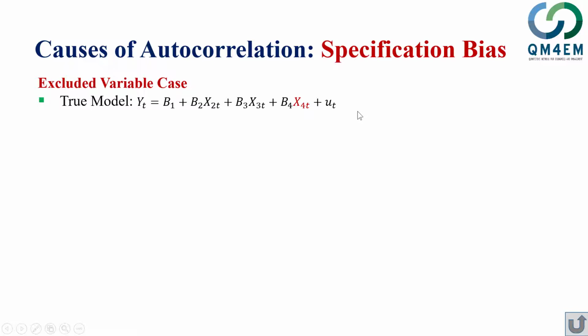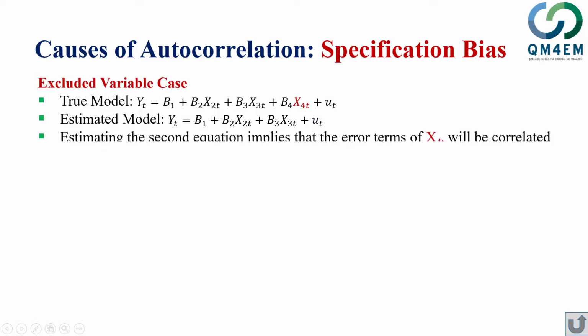However, due to certain reasons, for example, not considering the econometric model at a theory level properly, or being unable to identify this x4 variable as an important variable that should be included in the model, we somehow by mistake or by ignorance do not include that variable in our model, and instead we estimate the model with only two explanatory variables, x2 and x3.